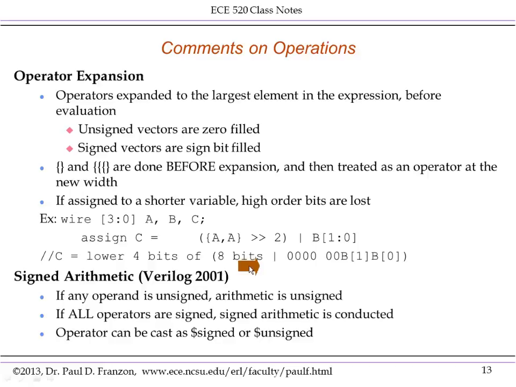So everything has to be expanded to 8 bits. It stays 8 bits after the right shift by 2, though the top 2 bits become zeros. B[1:0] is of course only 2 bits, so we pad it with zeros in order to create an 8-bit result. We do an OR on that. Then we take the lowest 4 bits of that to assign it to C, because C is only a 4-bit vector.